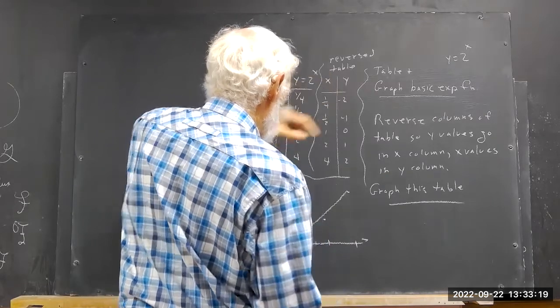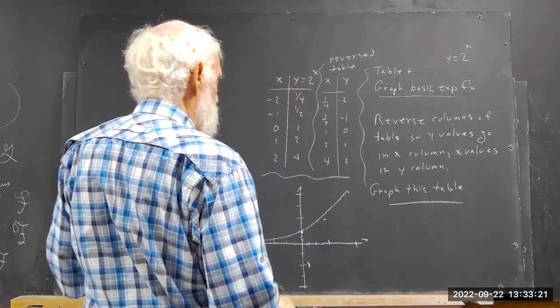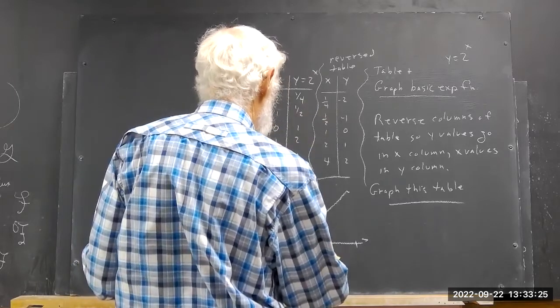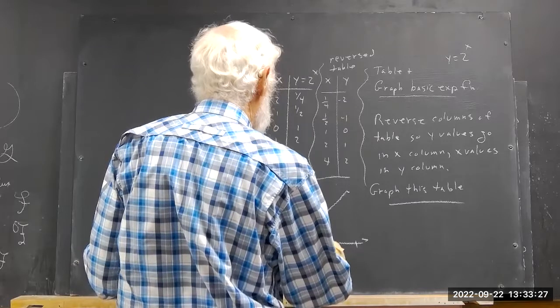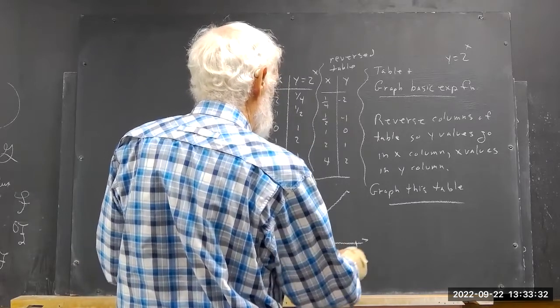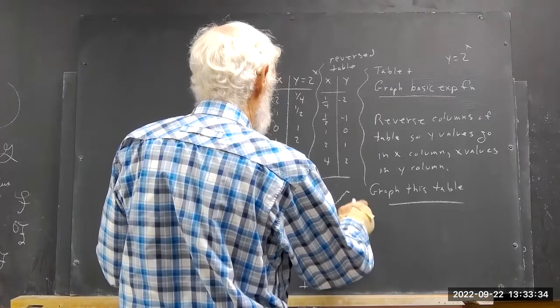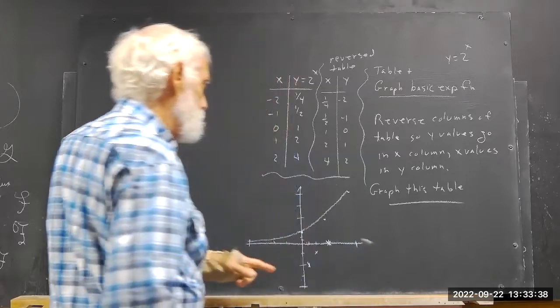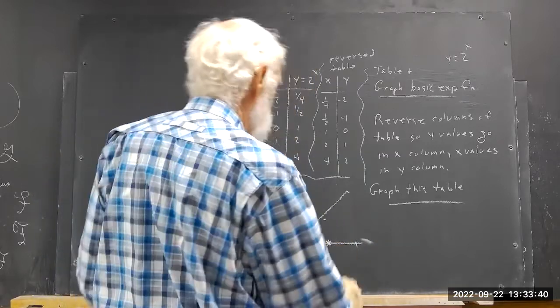That puts us down here. And then we have 1/2, -1. Here's 1/2, and here's -1. And then we have 1, 0, here's 1, 0. And we have 4, 2. Now, that's a little inconvenient because our graph only goes out to 2 here.